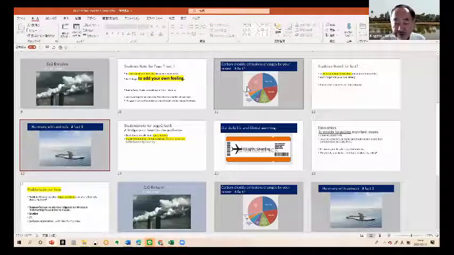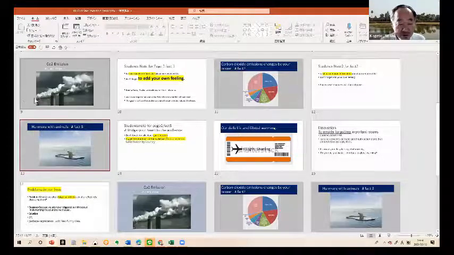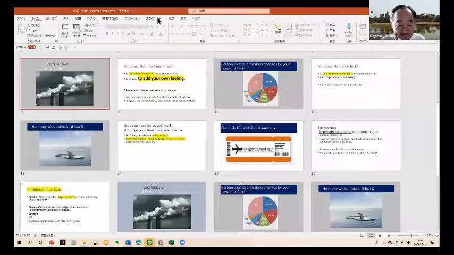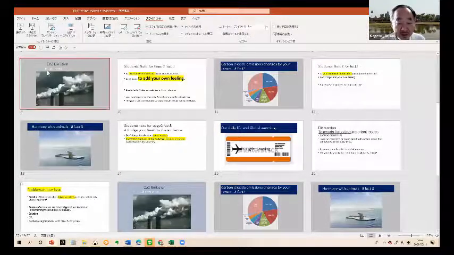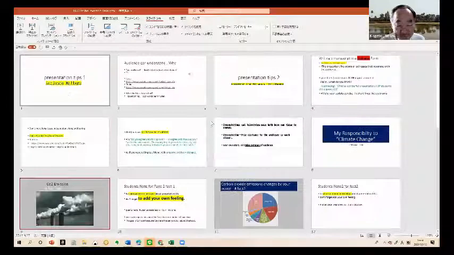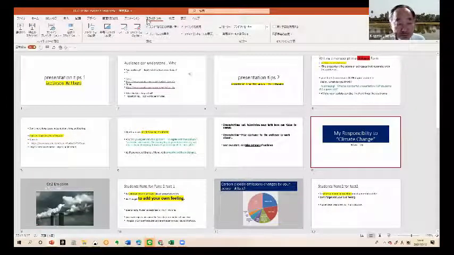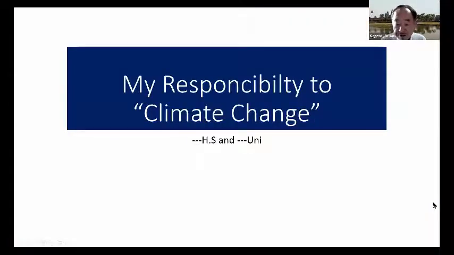Firstly, you can talk about the images of your theme. This is the theme of the presentation: My responsibility to climate change.